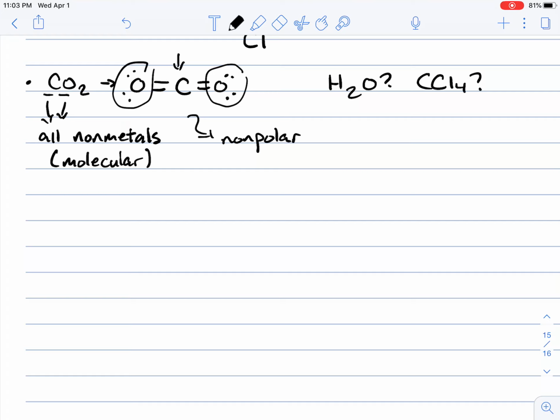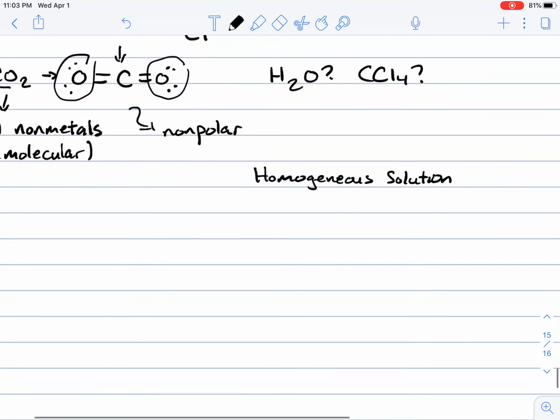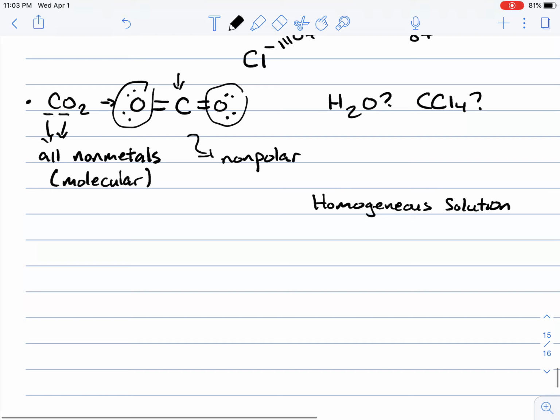So if we wanted to create a homogeneous solution, which of these two solvents will we use to create this homogeneous solution? And so if you had said CCl4, then you are correct.